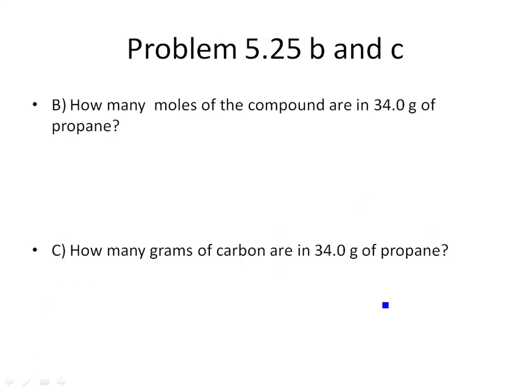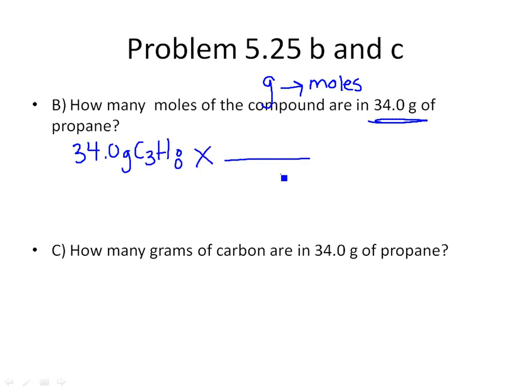We move on to B. It's very similar, except we're starting with grams and we're converting to moles. We're going from grams to moles. So we have 34.0 grams of C3H8. Now the only difference is that the molar mass is now going to be in the denominator.